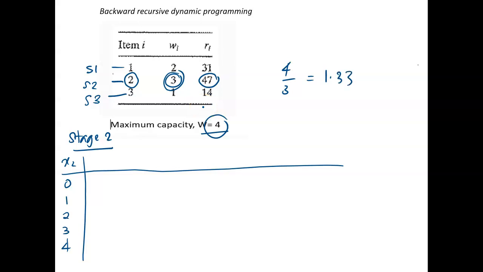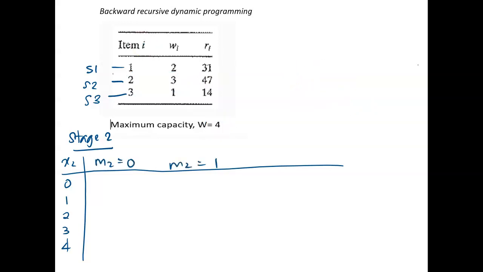But we cannot take 1.33 units. We should take the integer only. So in this case, we take 1 unit of item 2. I mean, the maximum unit of item 2 is 1. So your m2 will be 0 and 1.